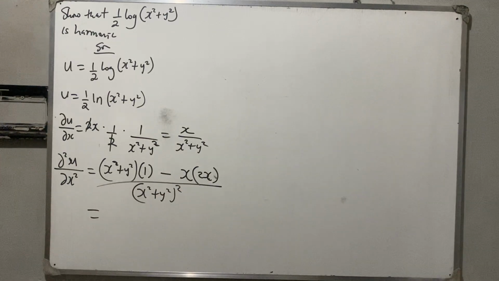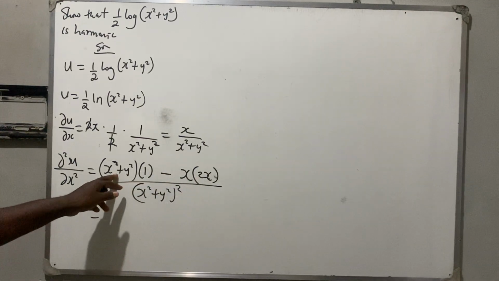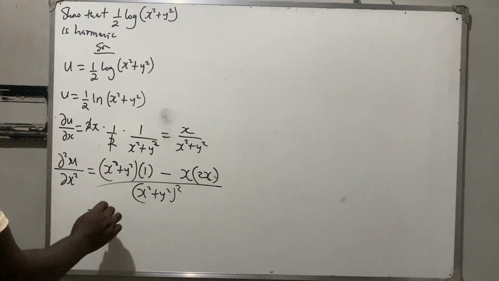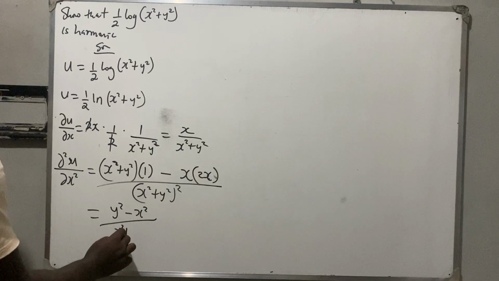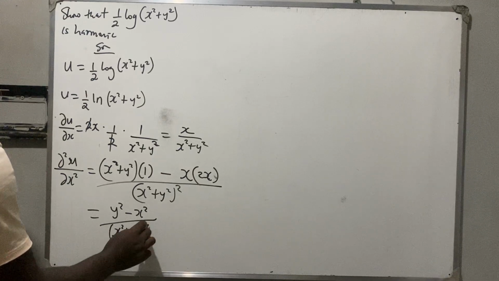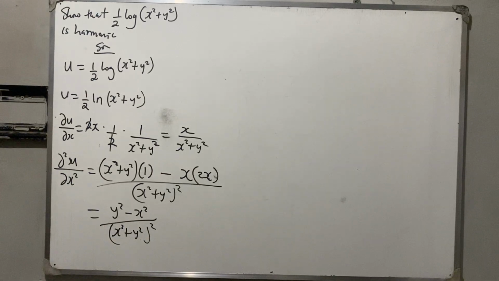So if you do that, you're going to have minus 2x squared plus x squared, which is x squared. So I'm having y squared minus x squared all over x squared plus y squared all squared. So this is my second derivative.